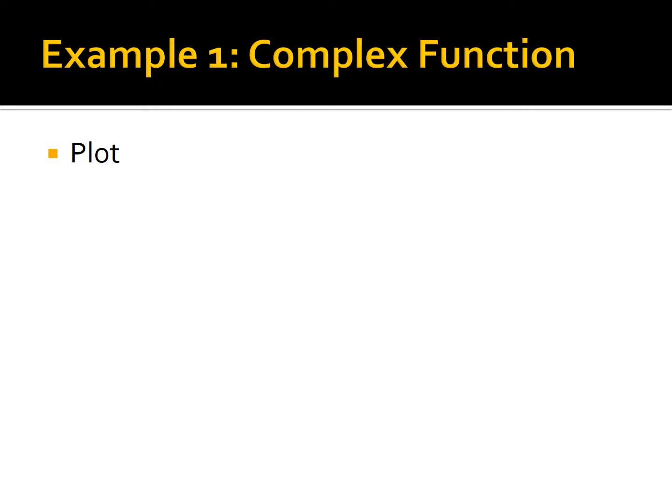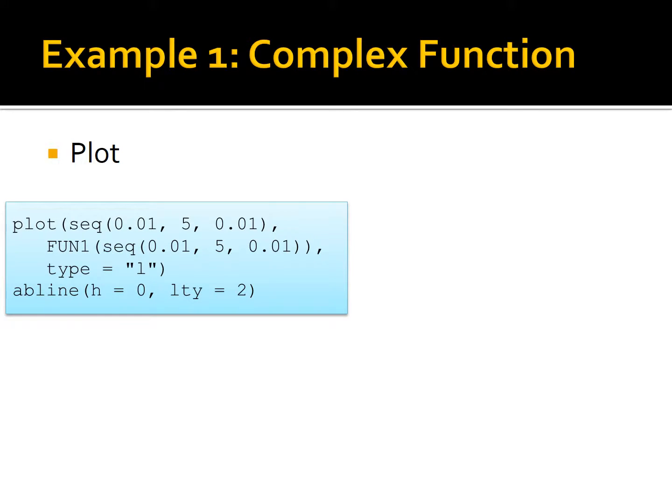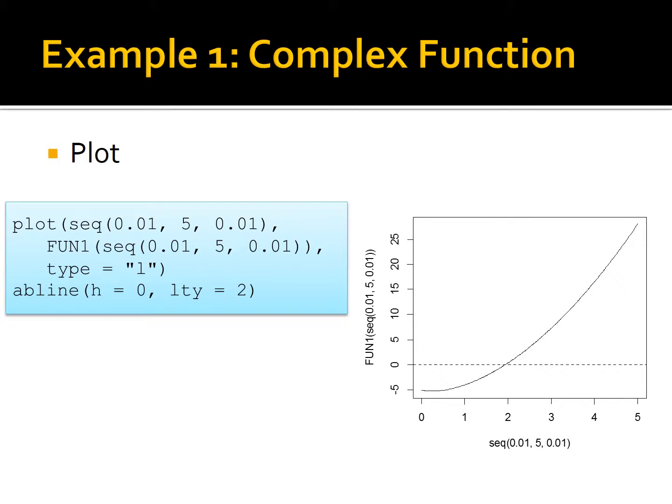So let's plot it. I plot x as the sequence from 0.01 to 5 with a step of 0.01. This is the x-axis, and for the y-axis I put fun1 on the sequence and type equal to "l" to make a line. Then I make the abline such that I have the horizontal line, which is y equal to 0.